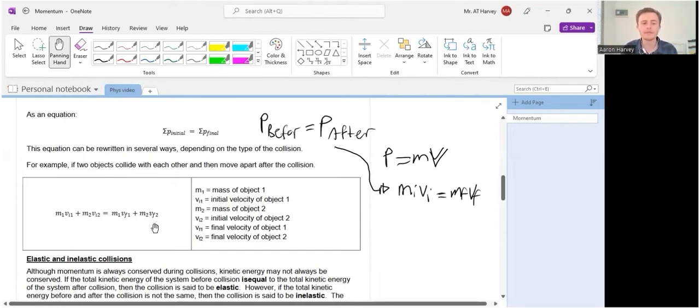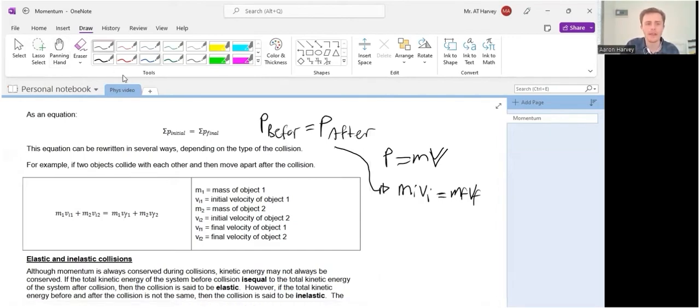So the idea remains the same, as this whole first portion is your sum of momentum initial, and the second half represents your sum of momentum final. Or, as I would say, your momentum before is equal to your momentum after.